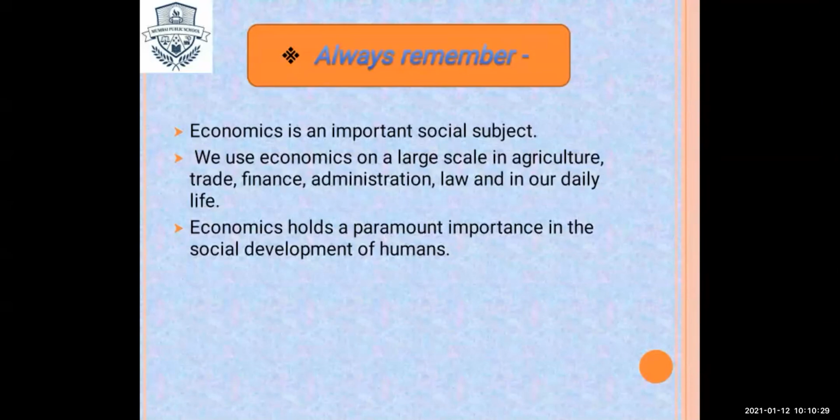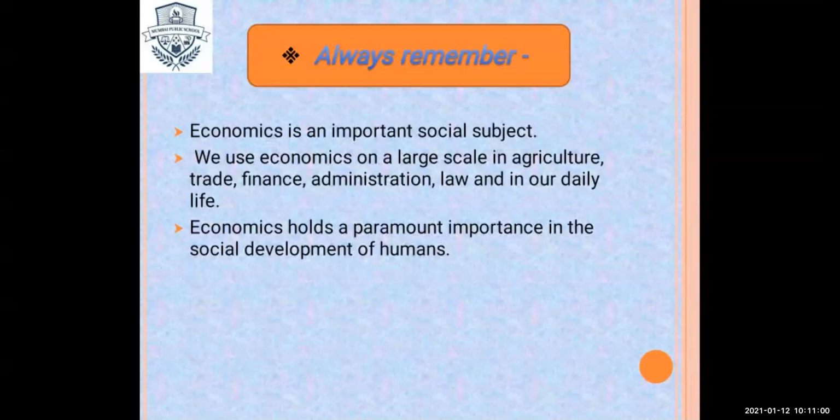So in these 3 points, as we studied in the first part with that activity, the word economics we use in our daily life. How we manage the income and expenditure of our own family, how your father manages the family, that is economics. We are using the term in our daily life.